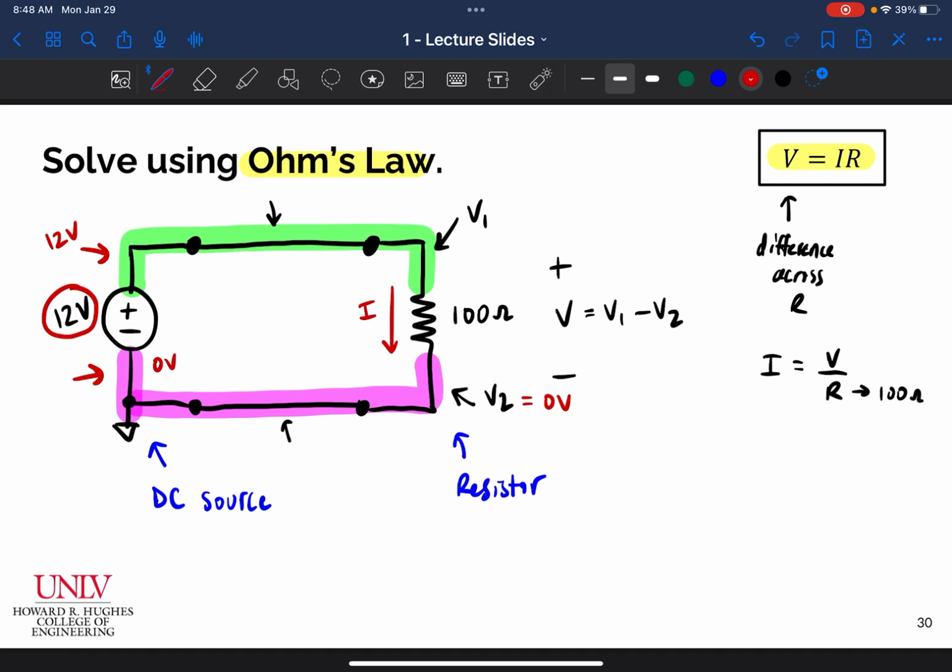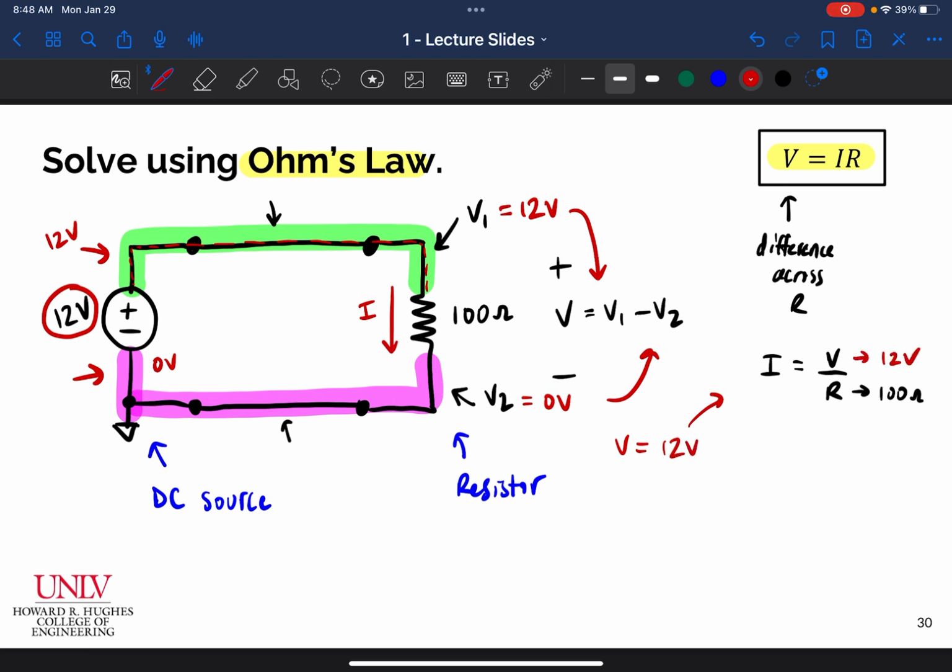And again, since this is all one net right here, then that means that V1 is 12 volts, okay? So now if I have V1 and I have V2, I can say that V is equal to 12 volts minus 0. My V is going to be just 12 volts.